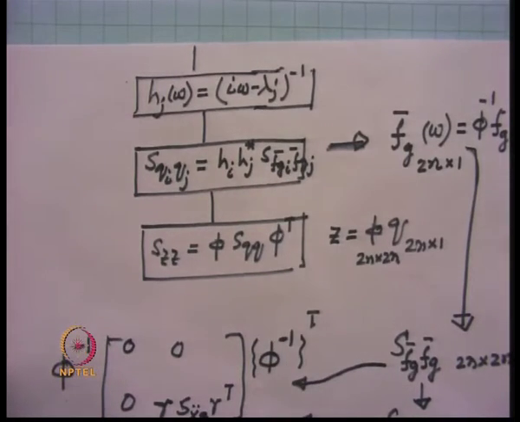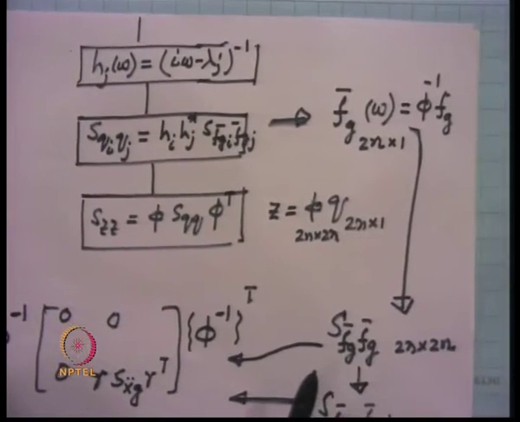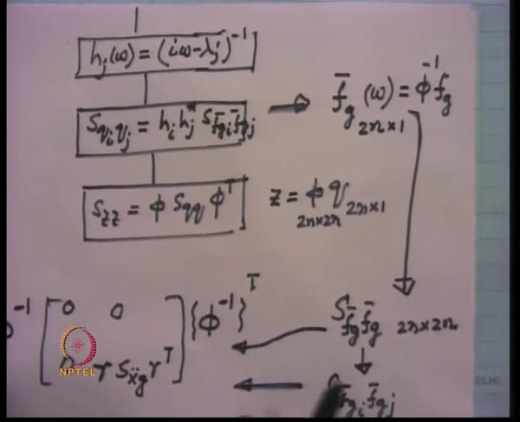Now, this f bar Gi and f bar Gj is obtained in this particular fashion.